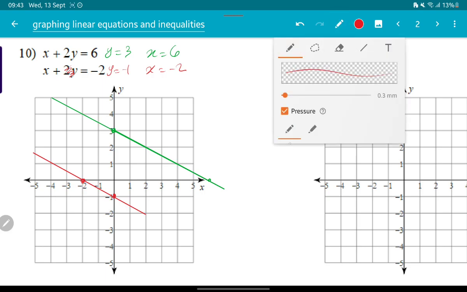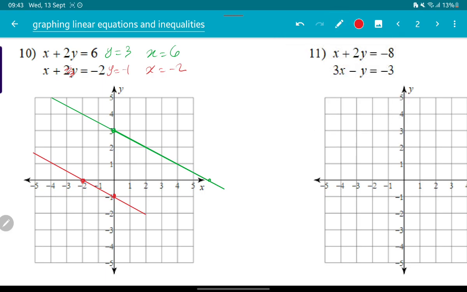We can see that they have the same slope. This is negative half and this is negative half. So when they have the same slope, they are parallel and they will never meet. That's why they will never have a solution. So there's no solution.